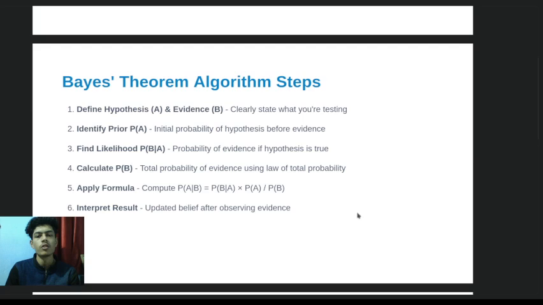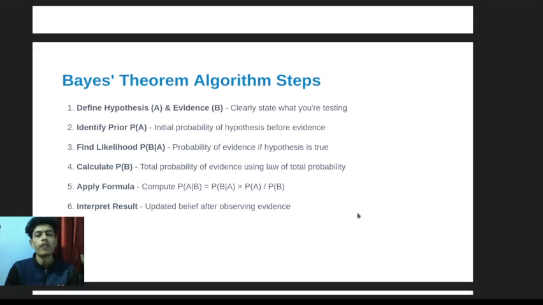The Bayes theorem algorithm steps: define hypothesis A and evidence B, identify the prior, find the likelihood.